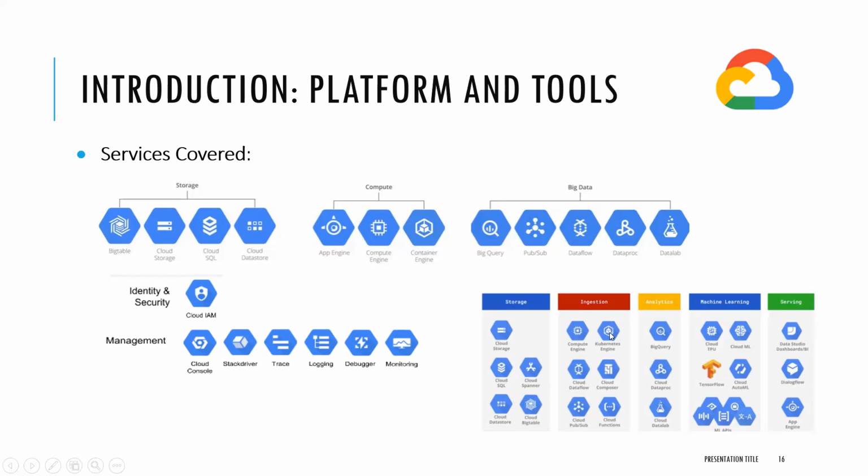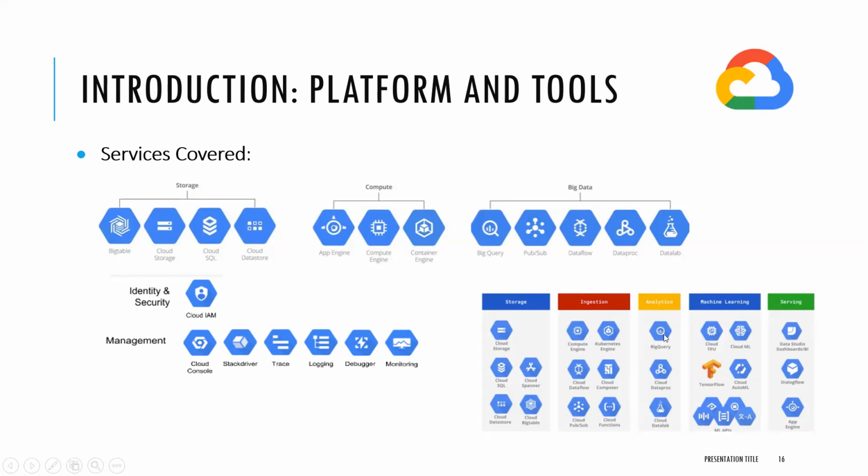And you have the ingestion part where you have Dataflow, which is kind of ETL but works with Spark. Composer, Cloud Pub/Sub, as we discussed, is a streaming service from Google Cloud. If you want to run some functions as a service, then you have Cloud Functions, so this can also be used for ingestion.